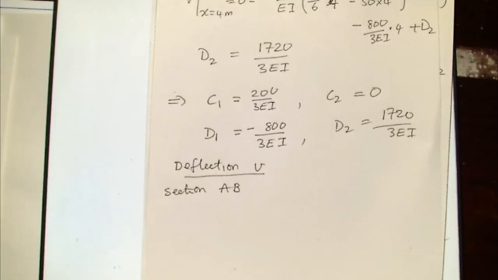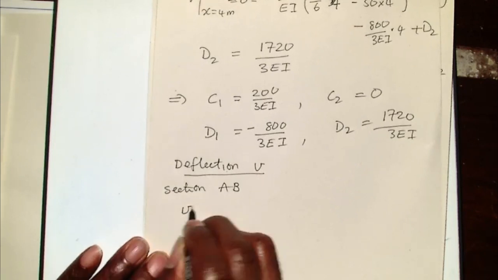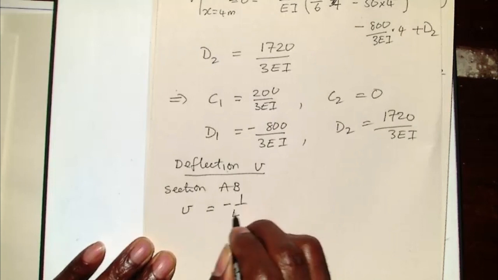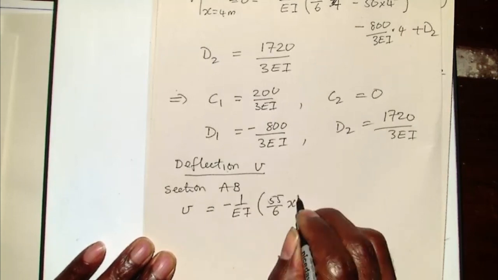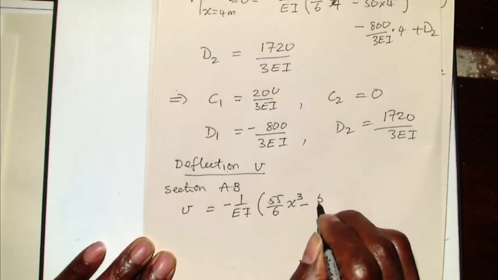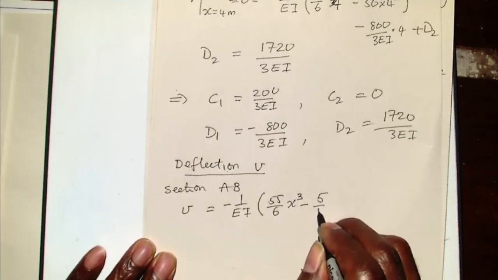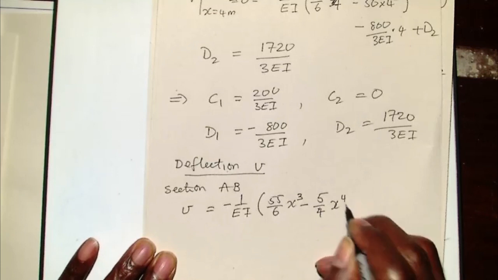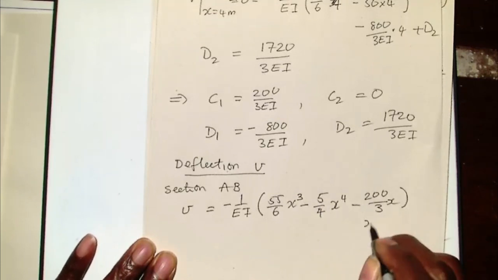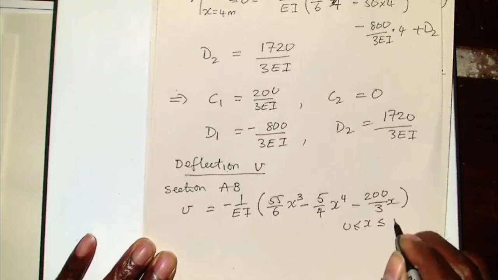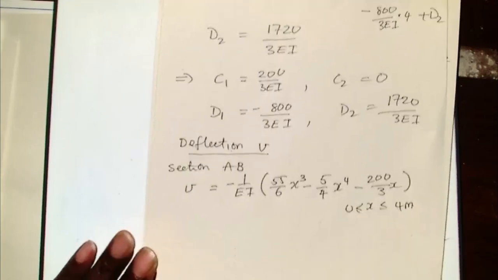If we substitute all those constants, what you will get is that V equals minus 1 over EI, 55 over 6 x cubed, minus 5 over 4 x to the fourth, minus 200 over 3 x, where x goes from 0 to 4 meters.